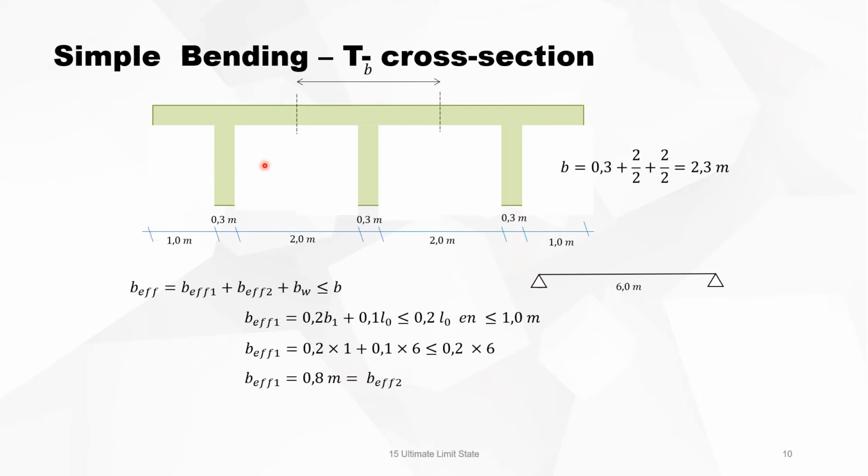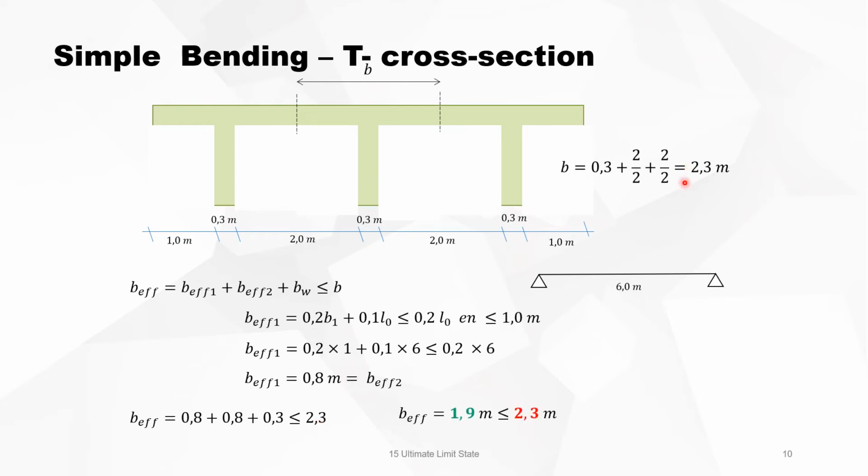Also, the right-hand side is the same. There's no changes. It's 0.8 meters. If you look at the total effective width, it's left plus right plus the web width, and it must be smaller than 2.3 meters.